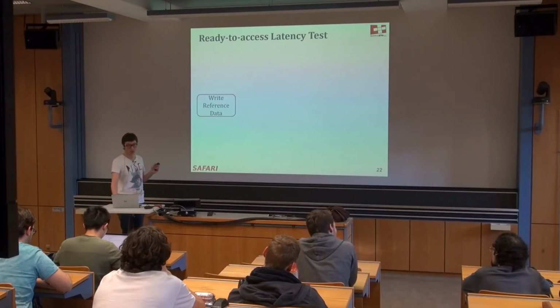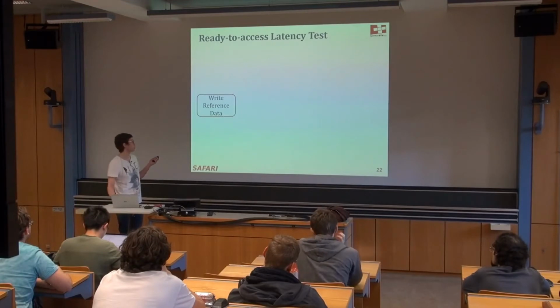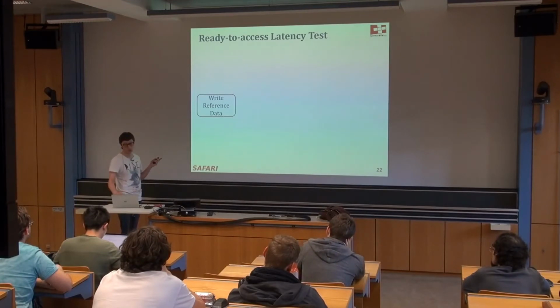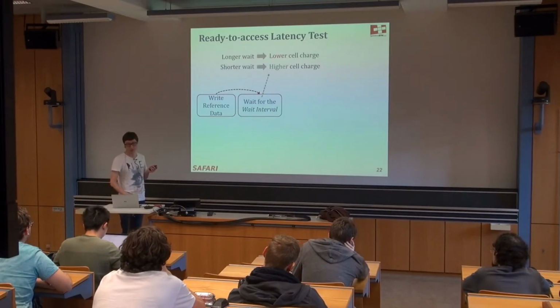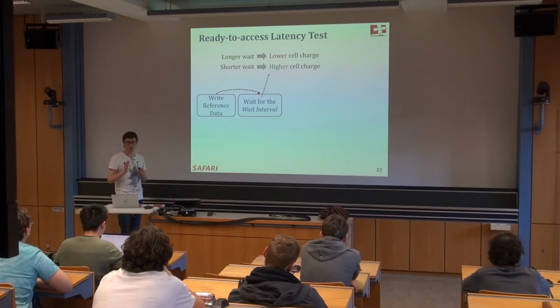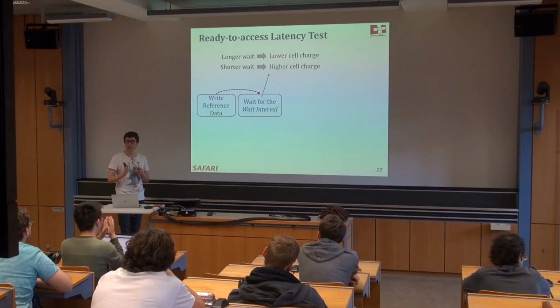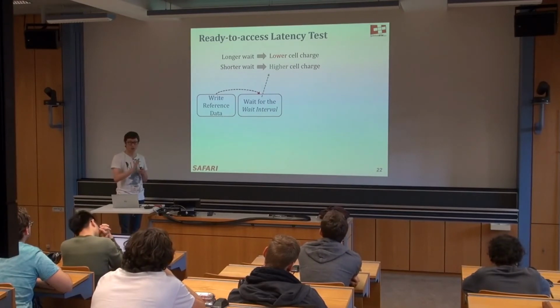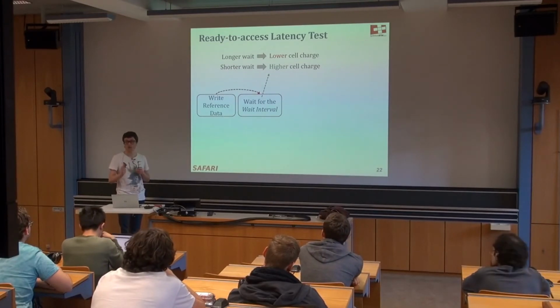This is the way we implemented the test using SoftMC. Similar to the other test, we start with writing some reference data to the DRAM and then wait for some wait interval or refresh interval, to let the cells leak some charge. So here we sweep the amount of charge stored in the DRAM cells.